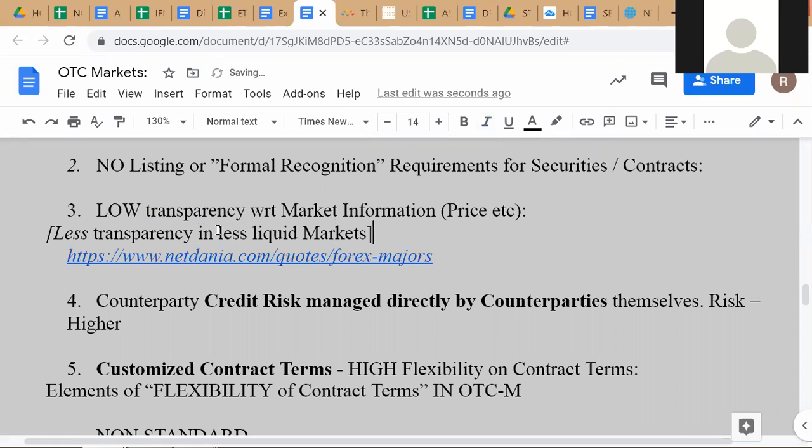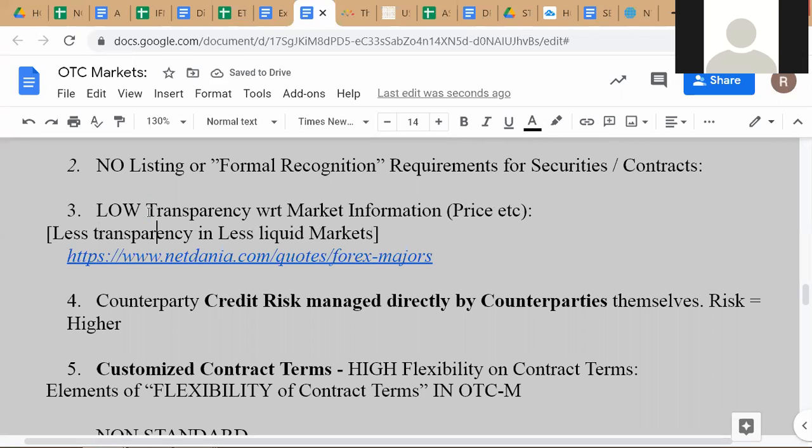So therefore, transparency is connected to liquidity. So the more liquid the market, the more transparent it is. Okay. So there are some OTC markets.